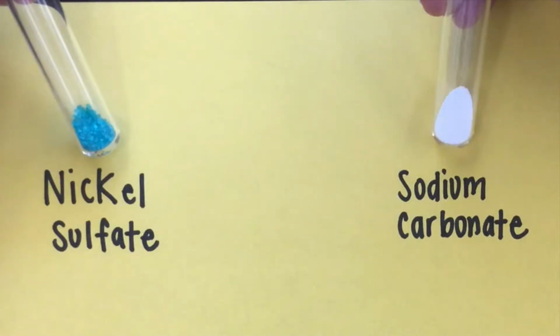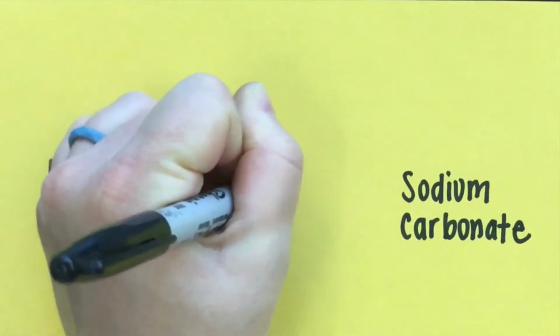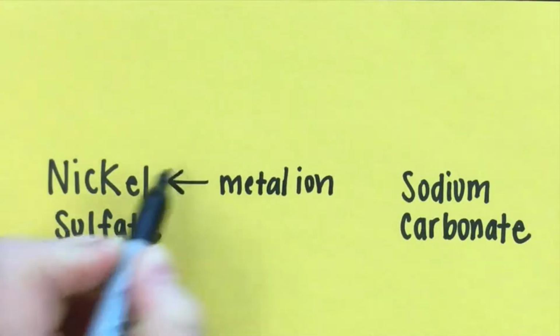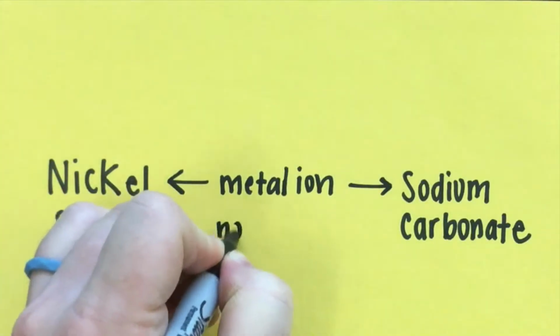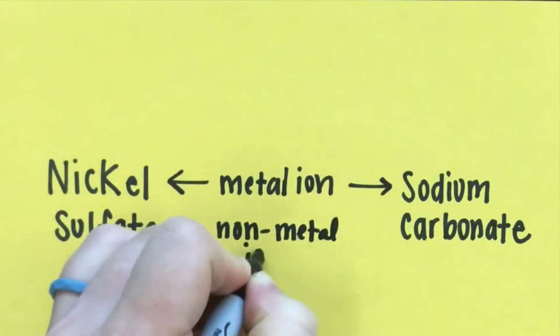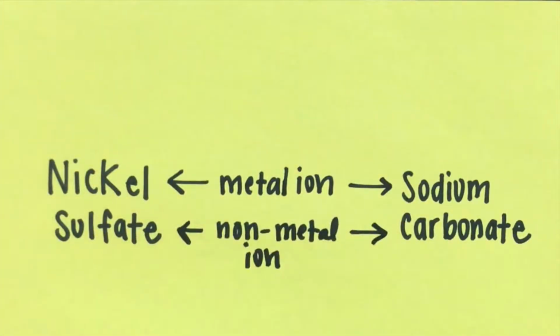Salts are made up of two parts. They're made up of a metal ion, so that would be our nickel and our sodium, as well as a non-metal ion, and in this case that would be our sulfate and our carbonate.